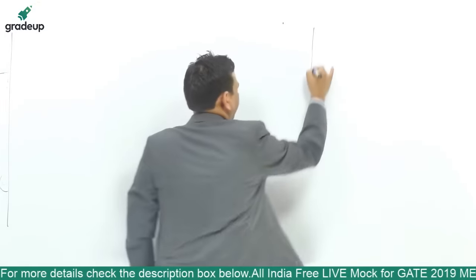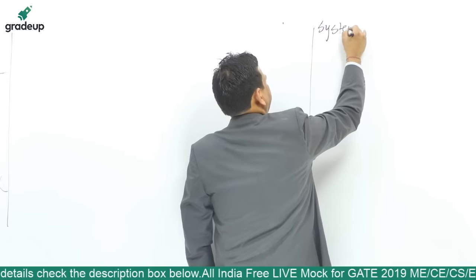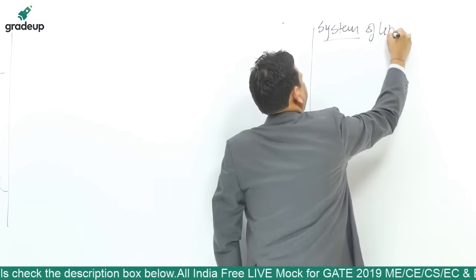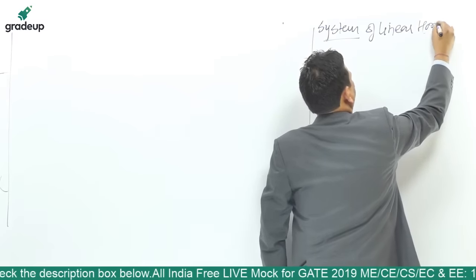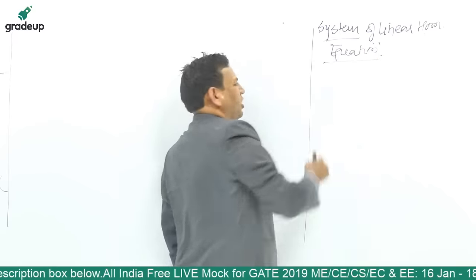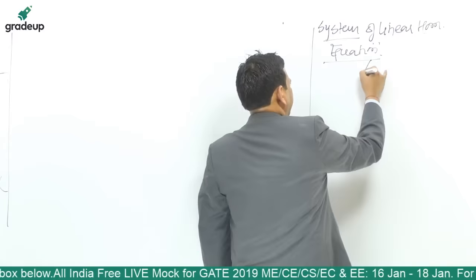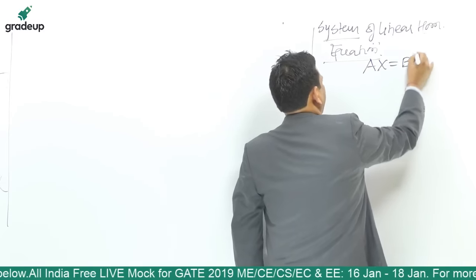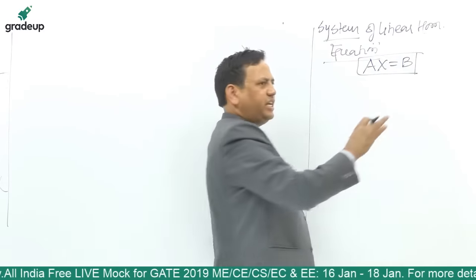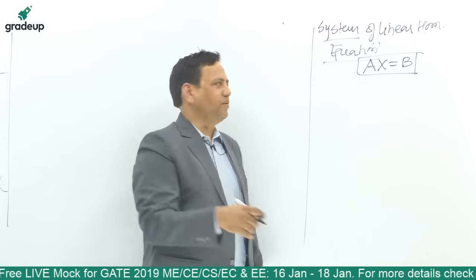Now let's see the second topic: system of linear homogeneous equations. This is a very important concept because all the concepts of eigenvectors depend on this one. Suppose the system is written as Ax is equal to B. Now all three cases we will take simultaneously: m greater than n, m equal to n, m less than n.